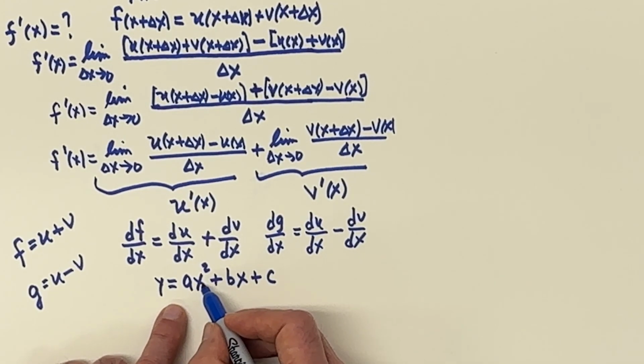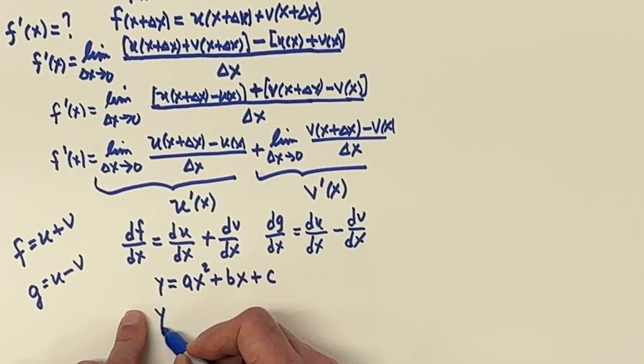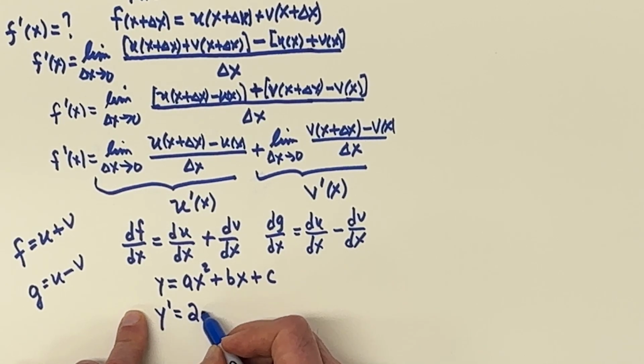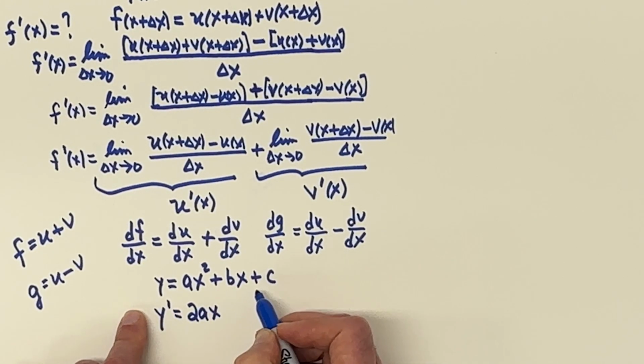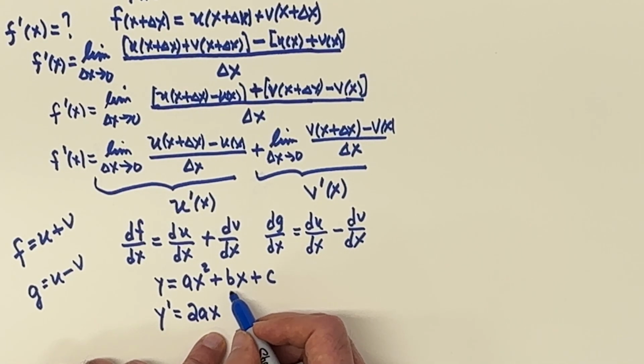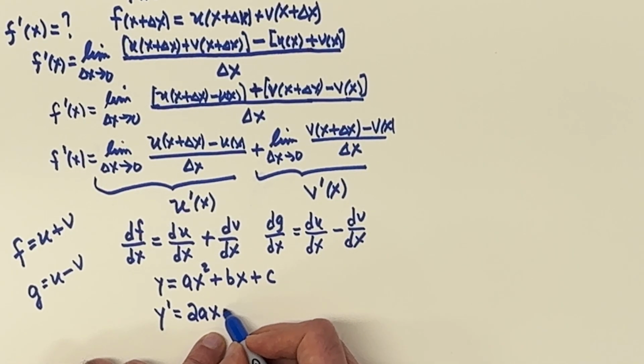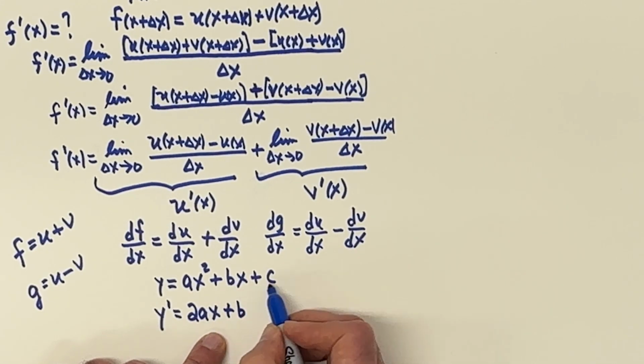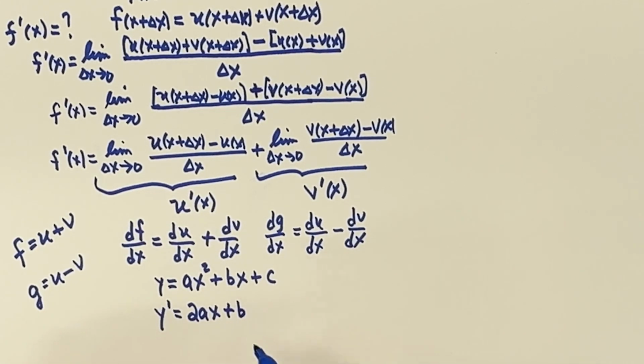So we know that for x squared you get 2x, so this would be 2ax. When you have bx, you just pull the b off. Remember, y equals mx plus b type thing. So that's plus b, and the derivative of a constant is 0. So we have a result here for the general quadratic equation.